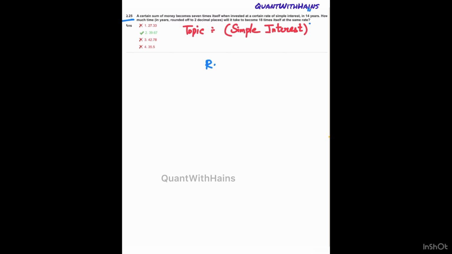Obviously the rate of interest is constant. The answer is in years, rounded off to 2 decimal places, so they are asking for an approximate value. Here 7 times is amount 1, and 18 times is amount 2.